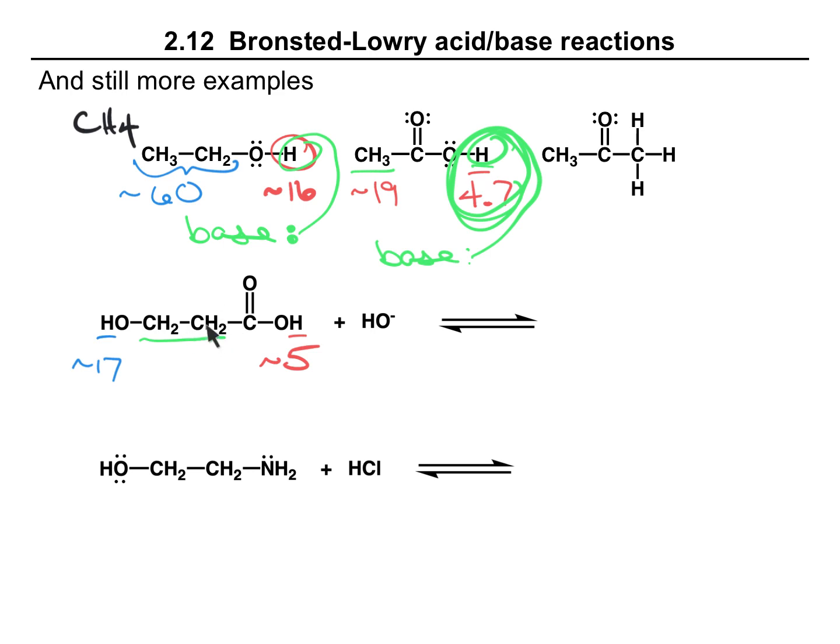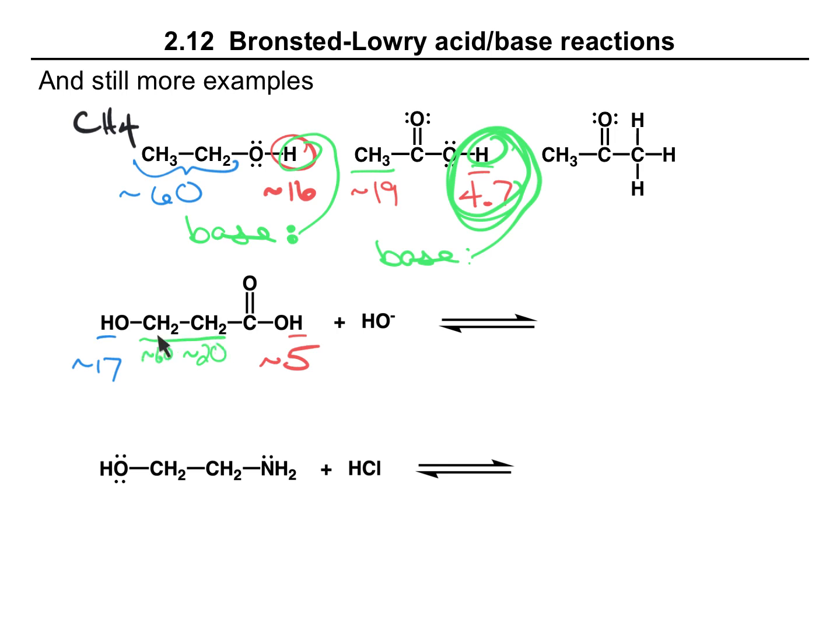This one is next to a carbonyl, so maybe it has a pKa of around 19 or 20, probably higher than that. And this CH2 group is not right next to the carbon of the carbonyl, so maybe this one is more like these, closer to 60.